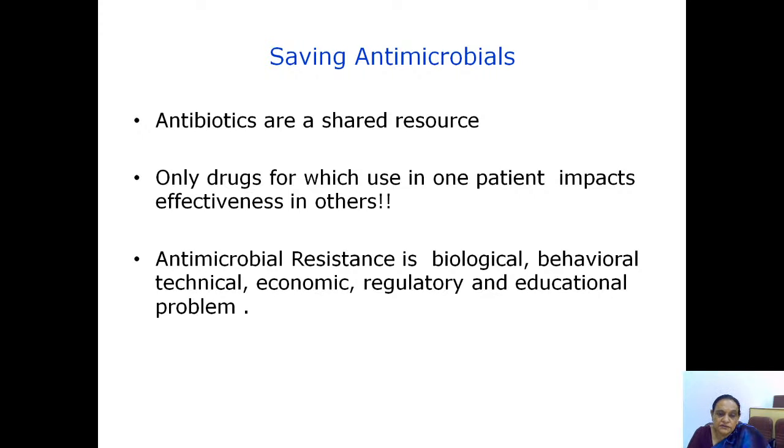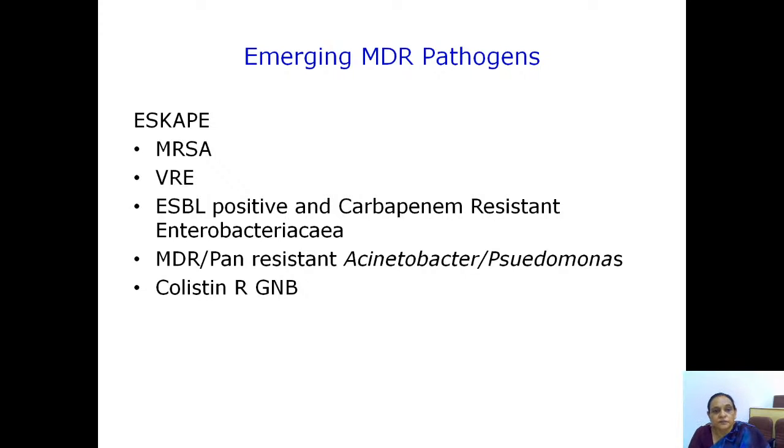So resistance management, stewardship, or taking care of resistance is a behavioral issue, and also biological, technical, economic, regulatory and educational. So it is a very complex aspect, and just treating a patient is only a part of it. We'll talk about that.